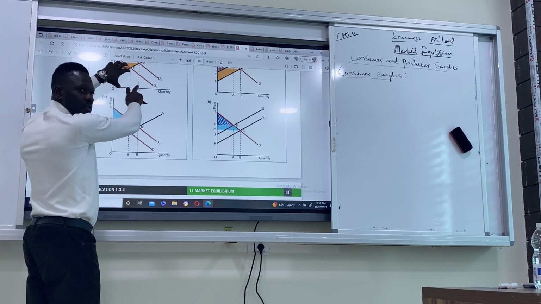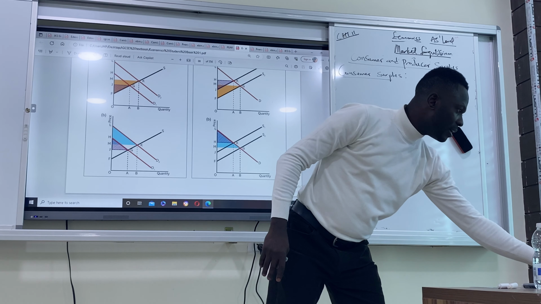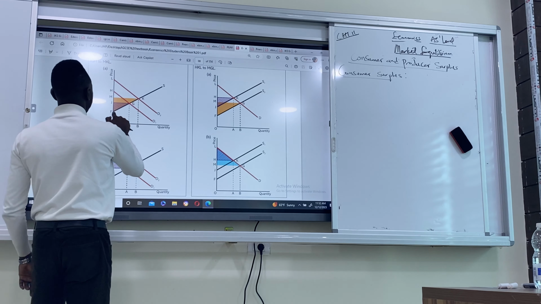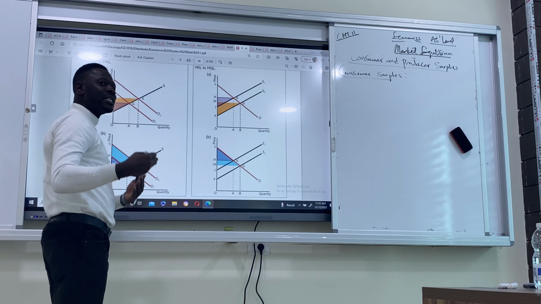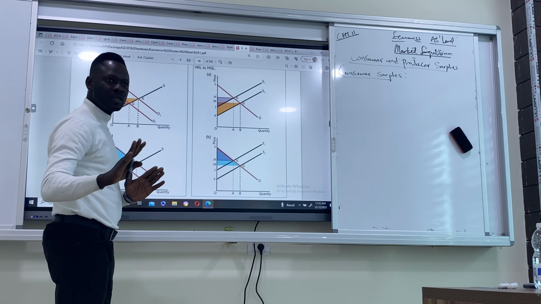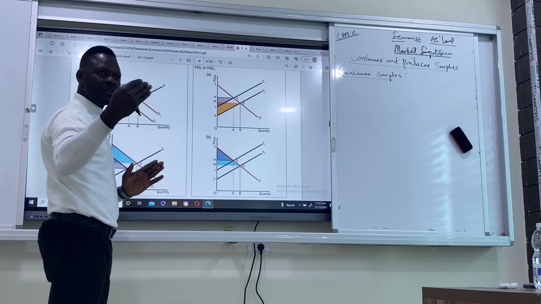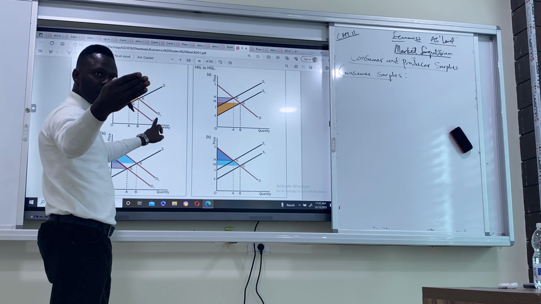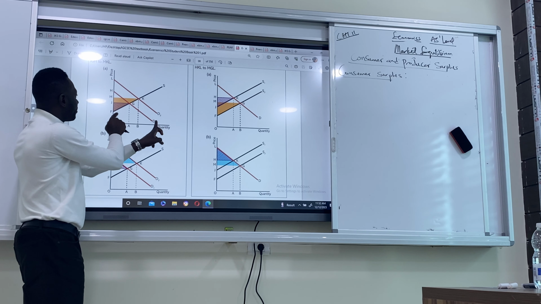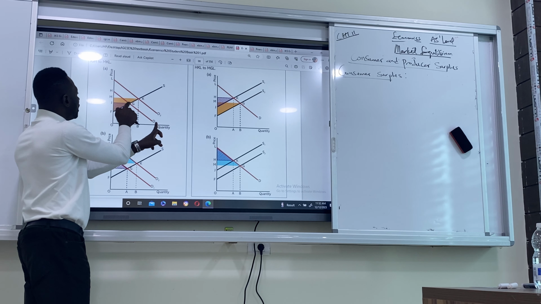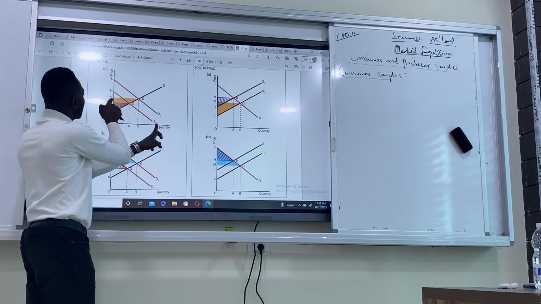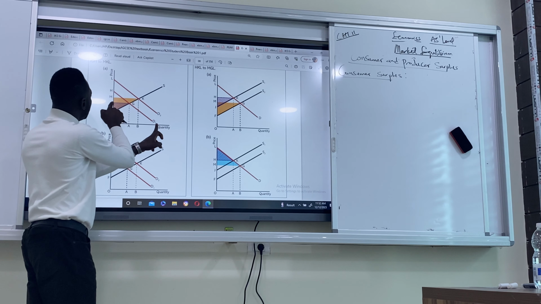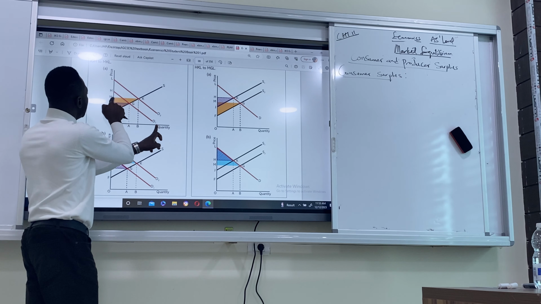This is for producer surplus. Remember our producer surplus. Initially, our producer surplus is MJG. That's the difference between what producers are willing to sell and the price they actually sold. As soon as there is an increase in the quantity demanded of the product from D1 to D2, producer surplus will also increase from MJG to JGKM.